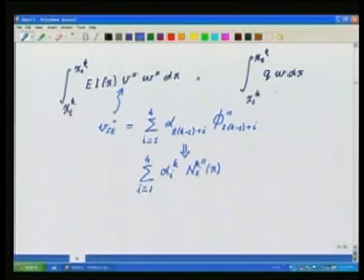Similarly, for the q, there is no sum involved. I will get the integral from x1 of k to x2 of k of q times Ni of k of x.